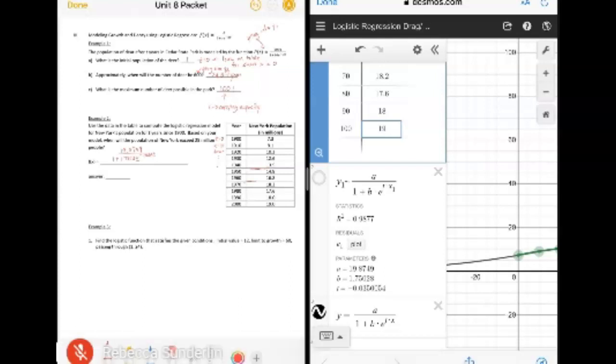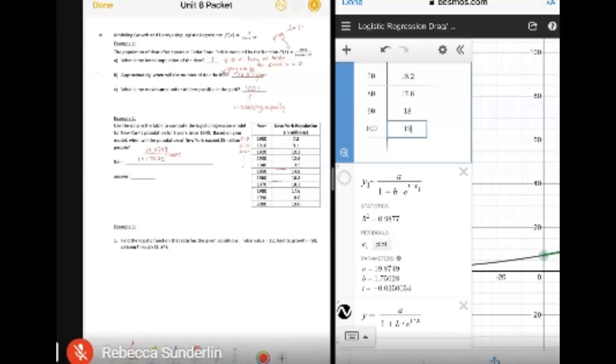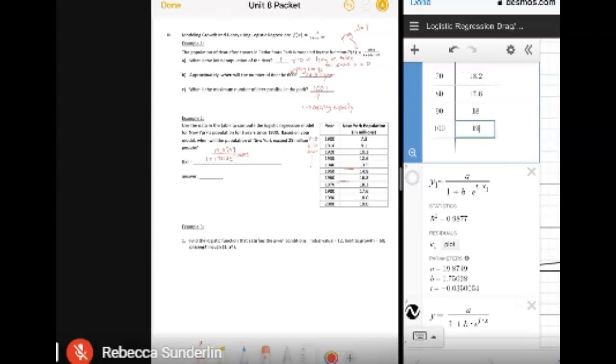But on your calculator, if you're going to have to do further things using this equation you created, when you hit B on stat calc, it brings you to this screen. Go down to the 4th thing, store regression equation.